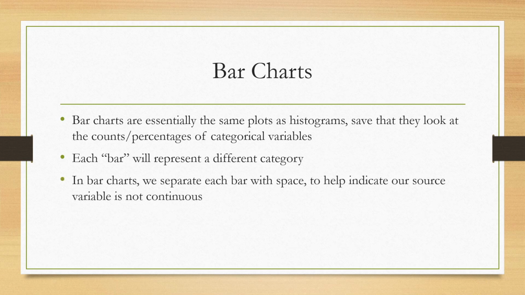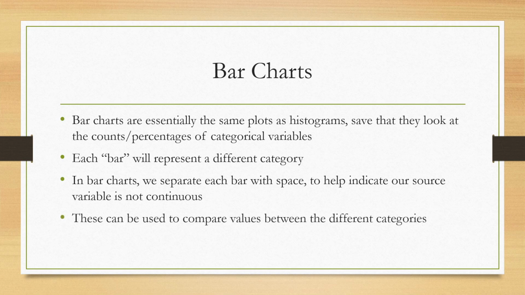Now in bar charts, we separate each of the bars with space. And part of the goal here is to indicate that the x variable is not a continuous variable. It's a categorical variable. So this isn't that these bars run against each other in a continuous spectrum. No, this is category A, category B, category C, and they are all completely distinct from one another.